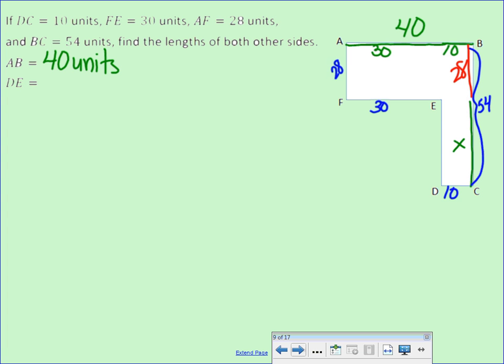So I'm going to have to do 54 minus 28. What am I going to get? 46, do we agree? That seems a little big. 26. Agree? 54 minus 28. So DE is 26 units.